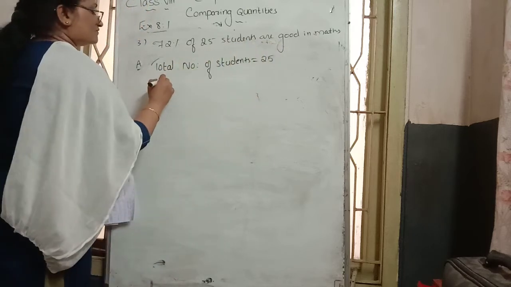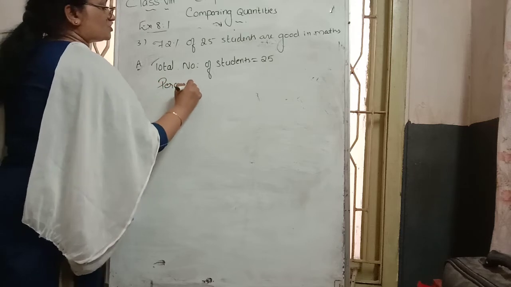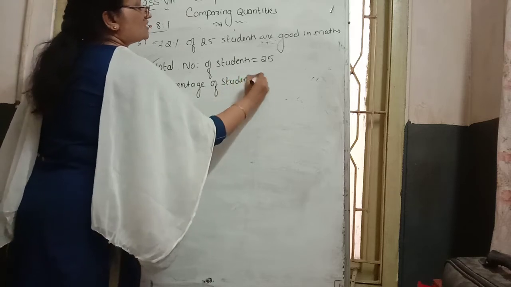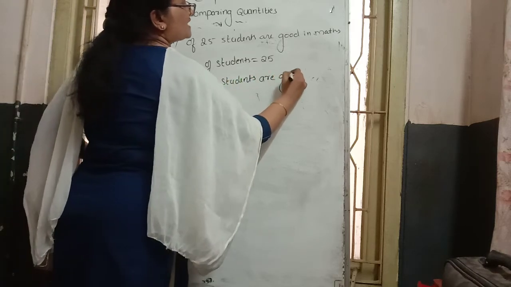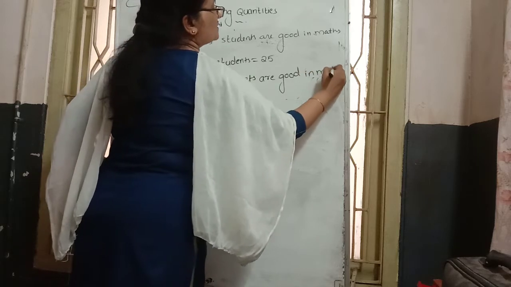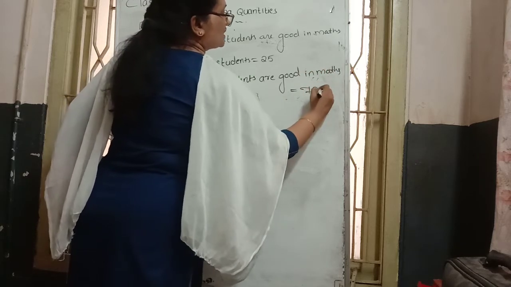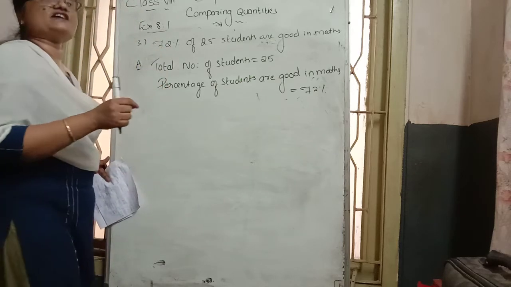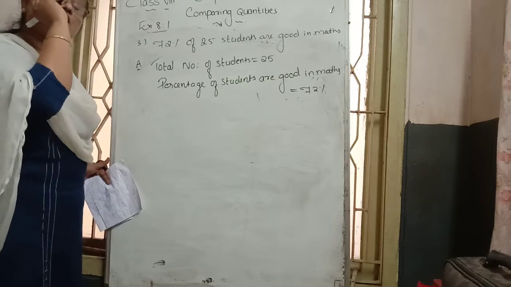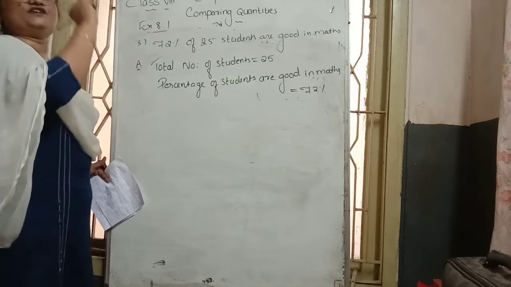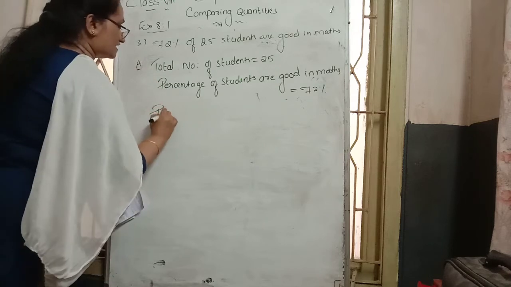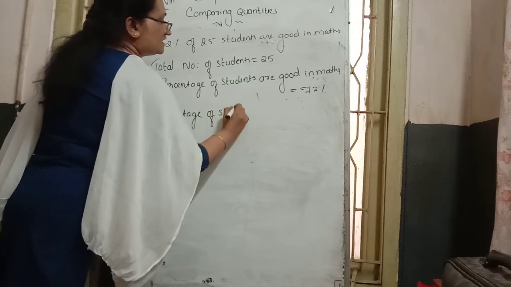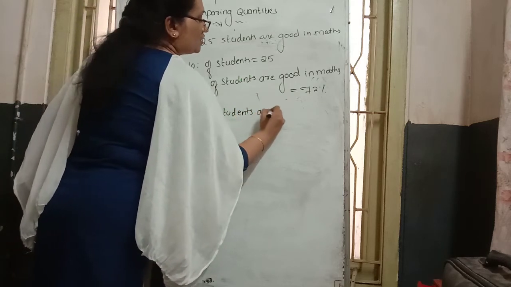Then the percentage given for students who are good in maths is 72%. Next, we want to find the percentage of students who are not good in maths.